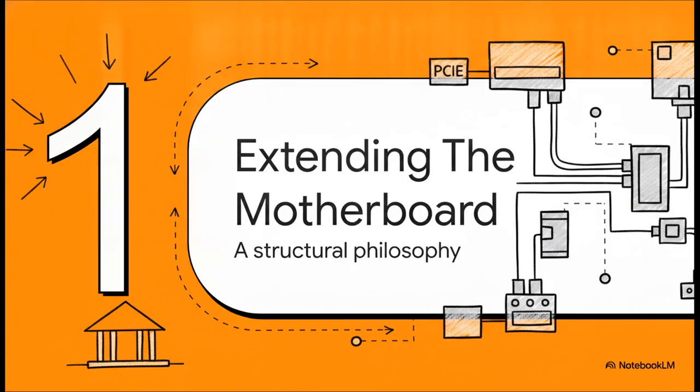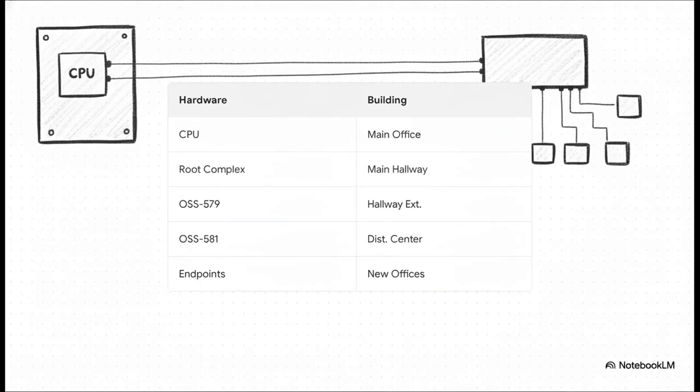All right, let's jump right into Section 1, Extending the Motherboard, where we'll look at the structural philosophy behind all of this. Think of extending your motherboard kind of like adding a new wing to an office building. Look at how perfectly this maps out. Your CPU? That's the main office where all the big decisions happen. The native PCIe bus, or root complex, is the main hallway leading right out of that office.